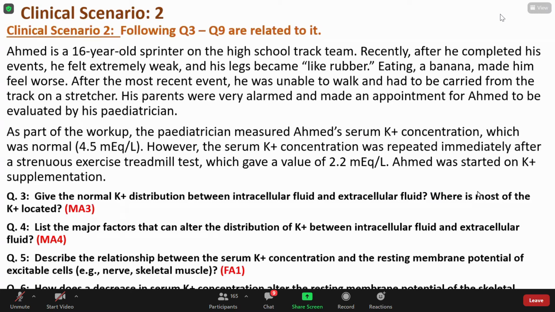MA4, list the major factors that can alter the distribution of potassium between intracellular fluid and extracellular fluid. MA4, please unmute. Dr. Saad, could you please unmute anybody from MA4? Sure, doctor. Any student from MA4, you can unmute yourself.